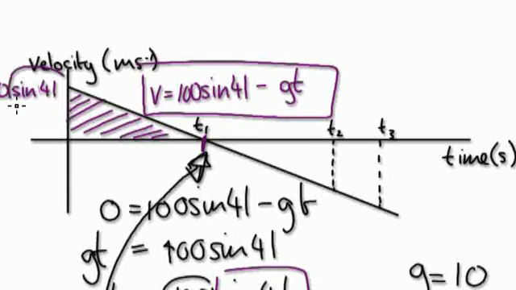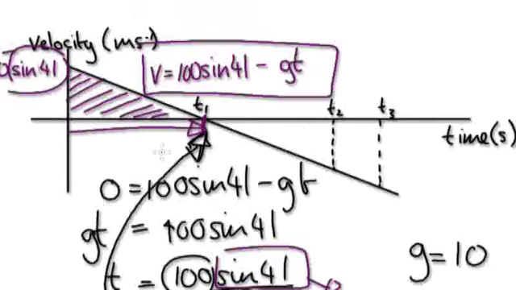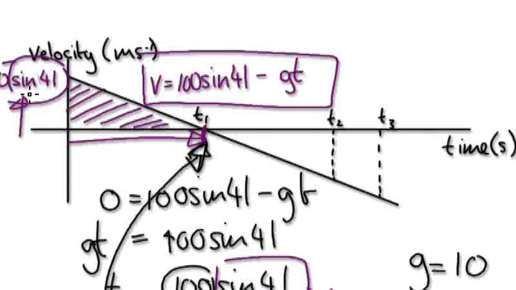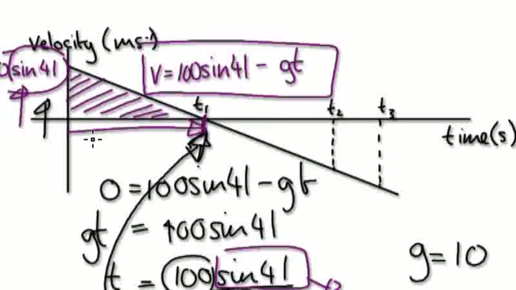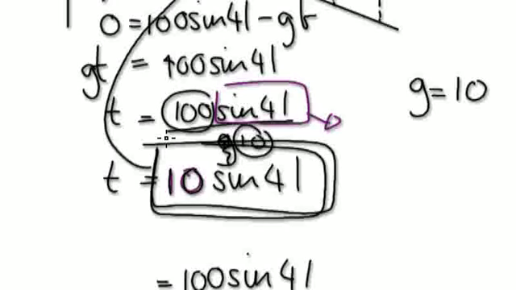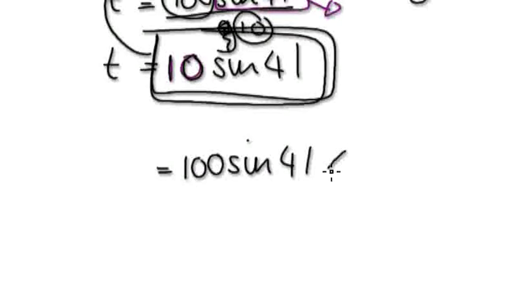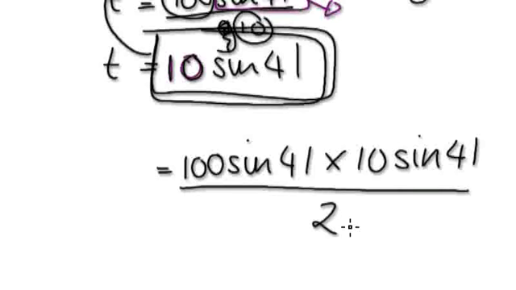So basically, get the 100 sine 41 here, and then times it by this time here, which is 10 sine 41, and then divide it by 2 because it's a triangle.